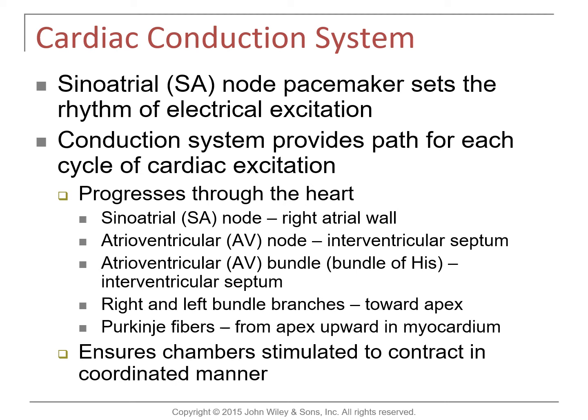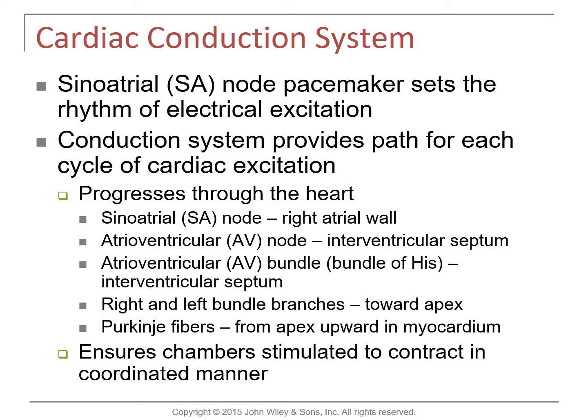The cells of the sinoatrial node depolarize regularly at a rate faster than the other autorhythmic cells, so that its rate of depolarization overrides that of the other cells and sets the rhythm of heart contraction and relaxation. The conduction system provides a pathway for signals that originate in the sinoatrial node to spread through the heart, leading to a regular and coordinated rhythm of contraction.